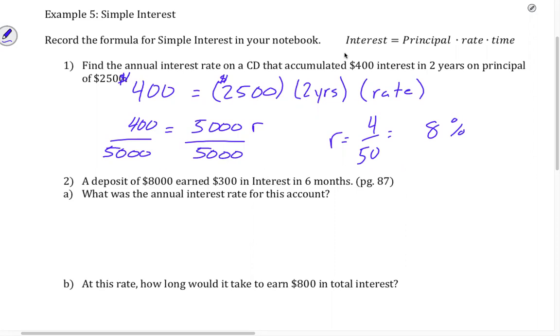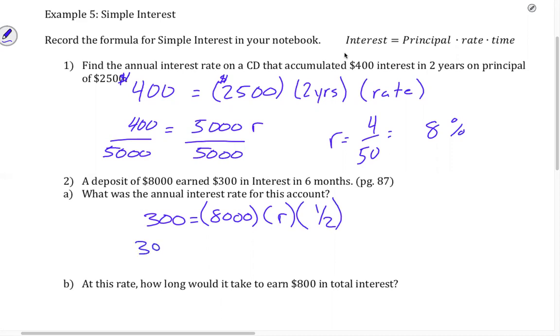Yeah. A deposit of $8,000 earns $300 in interest in 6 months. What is the annual interest rate? Same thing, 300 equals 8,000 times, now it says my rate, so I'll put R in, and my time is half a year.